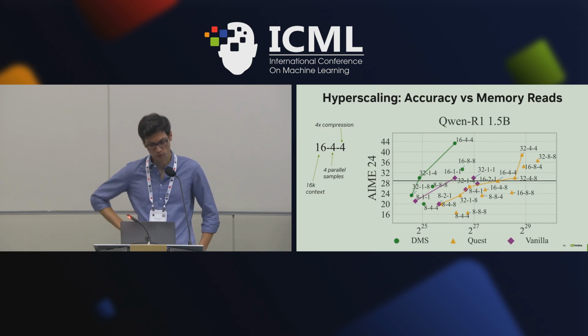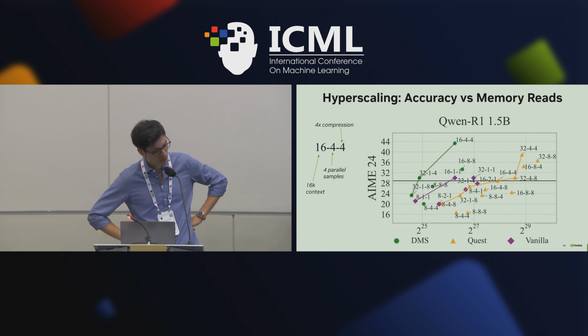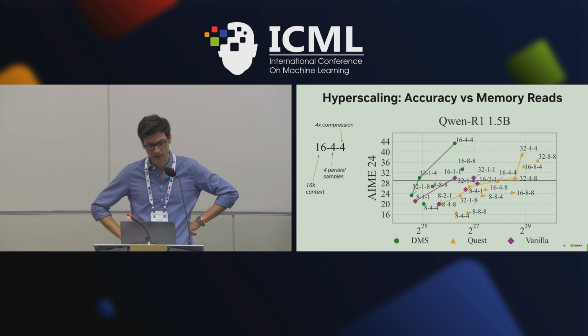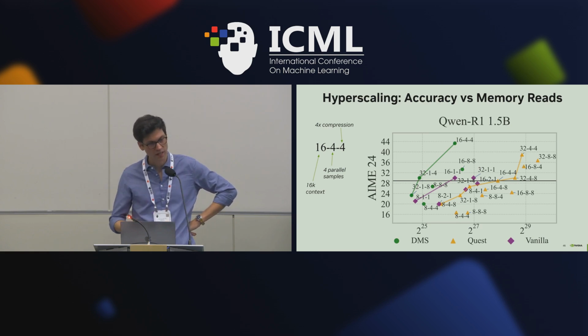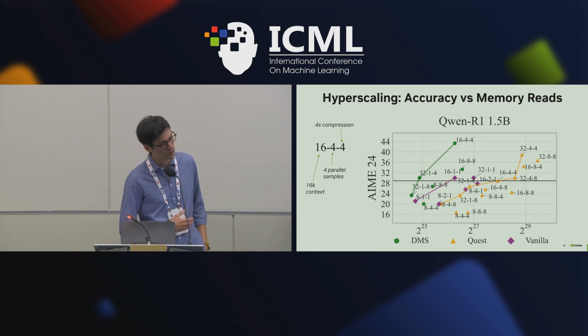So this is one of the many plots that we have in the paper. Here we compare with Quest, and the metric is the memory reads from the KV cache. The green one is DMS, and you can clearly see it dominating the Pareto frontier. And it turns out that parallel scaling is better if you would like to pick two, but it unlocks the third axis of optimization.